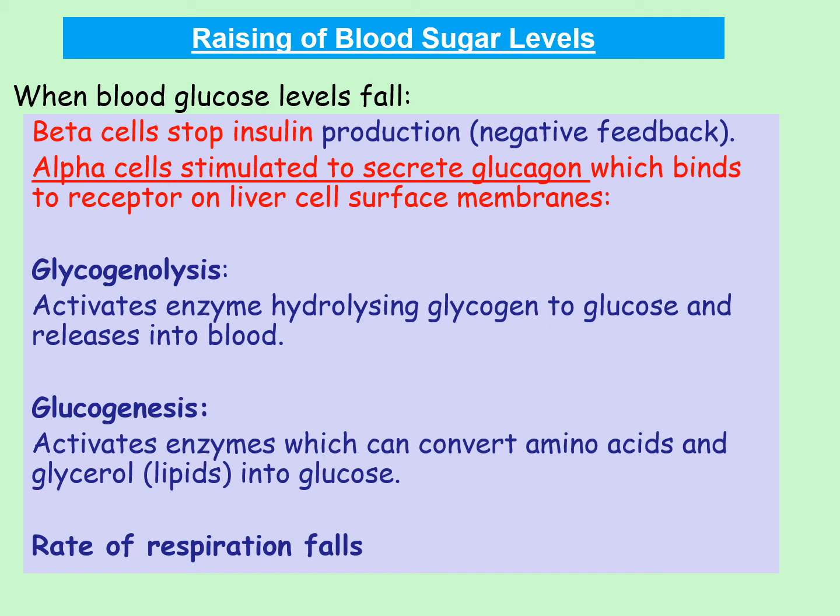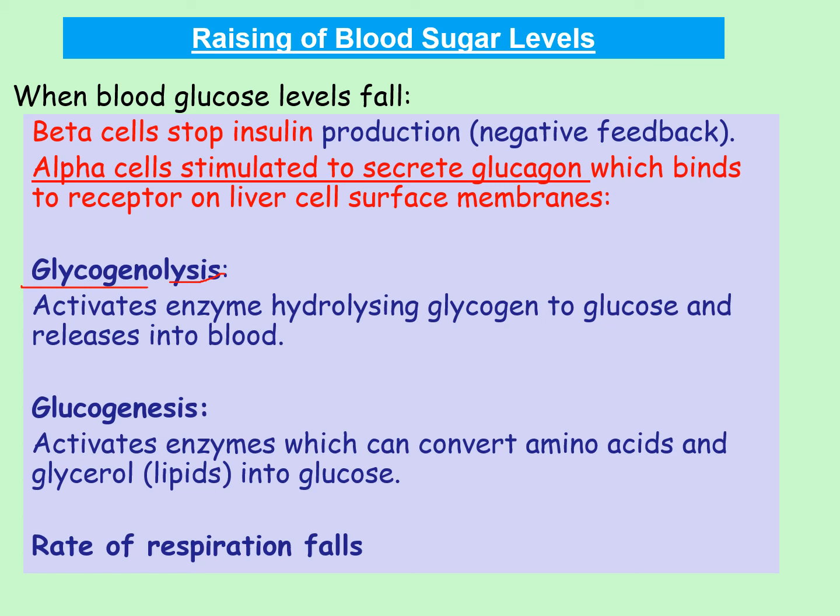And basically, one of three things happens. You've got glycogenolysis, so it's glycogen, and lysis, the splitting of the glycogen molecule, which is just a long chain of alpha glucose molecules. So you have a hydrolysis reaction happening, and that turns glycogen back into glucose, so it can be released into the blood.